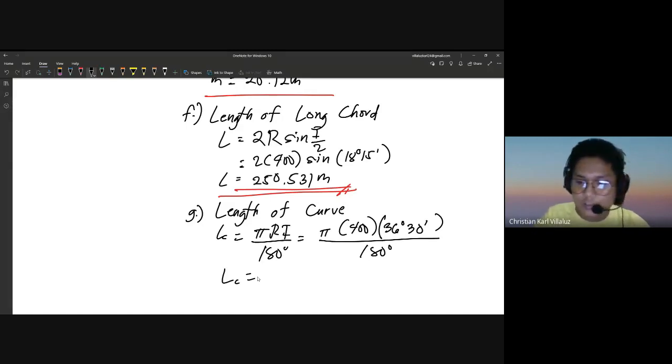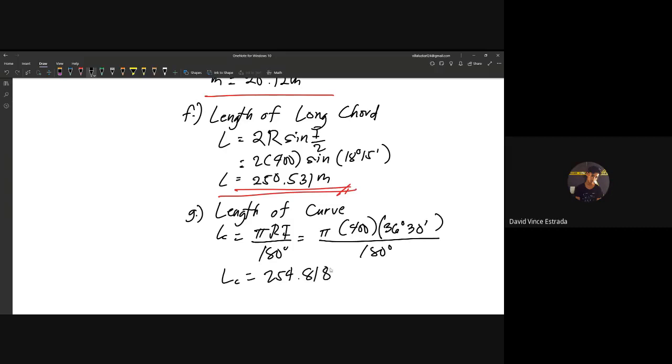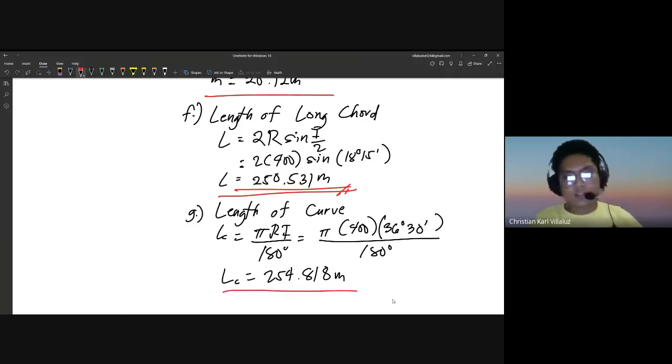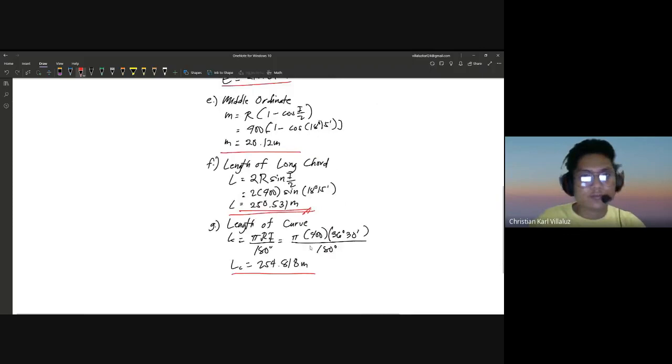So, 36 degrees, 30 minutes ang ilagay dapat dyan. Okay? Kaya, ang length of curve natin dyan ay 254.82. Okay. So correct. So, yan yung length of curve.